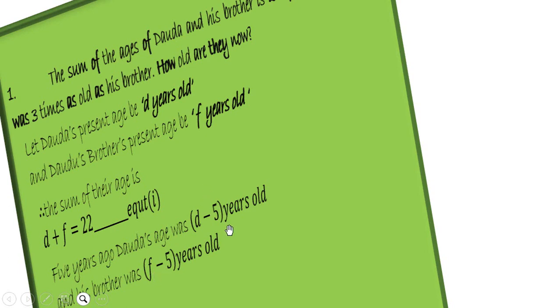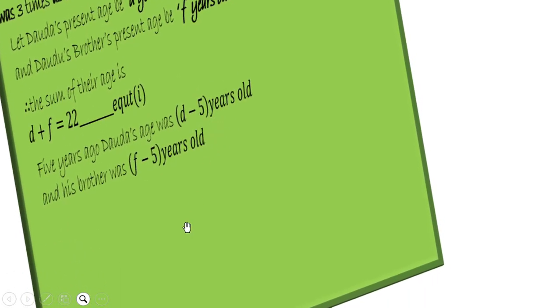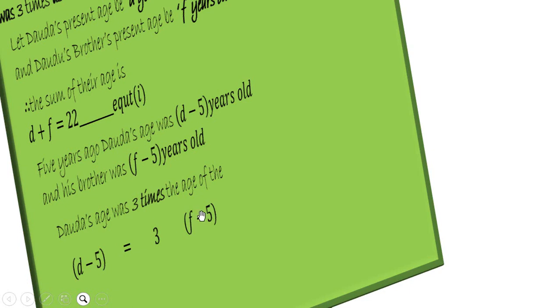So as a result, you can say Dauda's age was 3 times the age of the brother. So you can now say D minus 5, which is Dauda's age 5 years ago, is equal to 3 multiplied by F minus 5. And that's what you're resolving into.